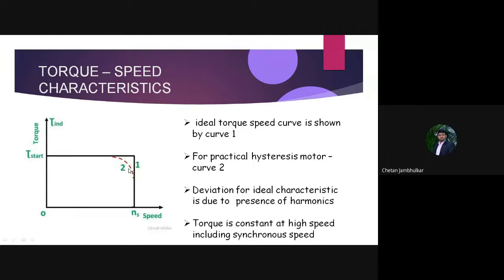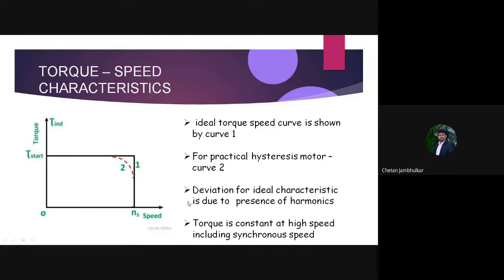This curve 2 is the practical characteristic, and curve 1 is the ideal characteristic. The ideal torque speed curve is shown in the figure by curve 1, and for the practical hysteresis motor, curve 2. The deviation from the ideal characteristic is due to the presence of harmonics.